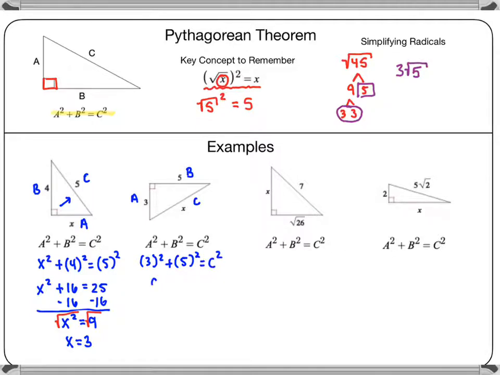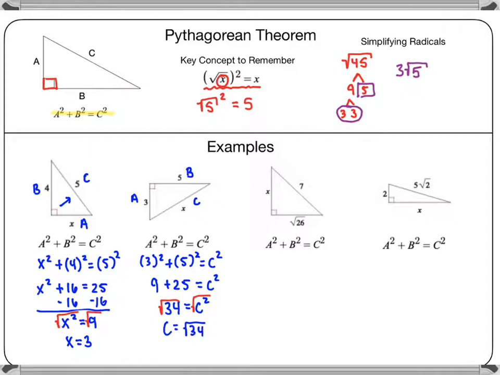So now we end up with 9 plus 25 equals c squared. 9 plus 25 is 34 equals c squared. Now we take the square root of both sides, okay, and c is going to be the square root of 34.